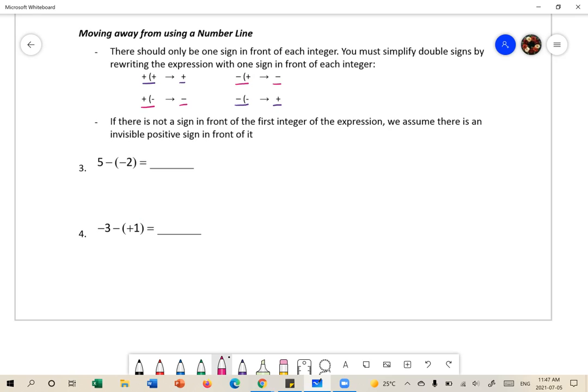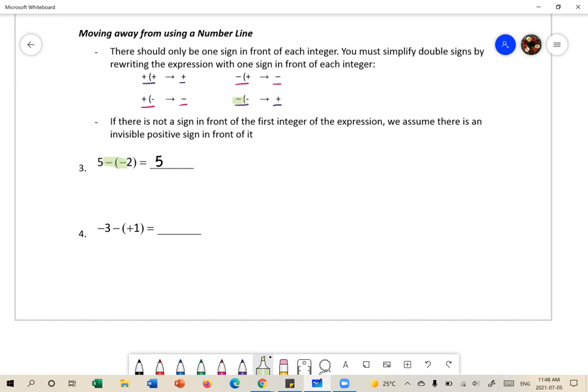We need to simplify this expression so that each integer only has one sign in front of it. Okay, so the 5, because it's positive and because it occurs first, we don't actually have to give it a sign. We understand that it's positive. There's an invisible positive there. But now we need to simplify these two negatives.